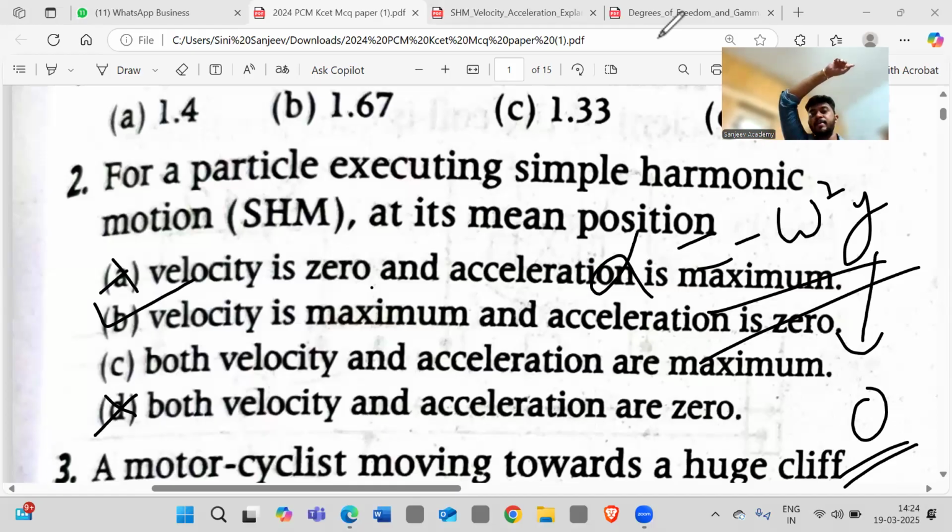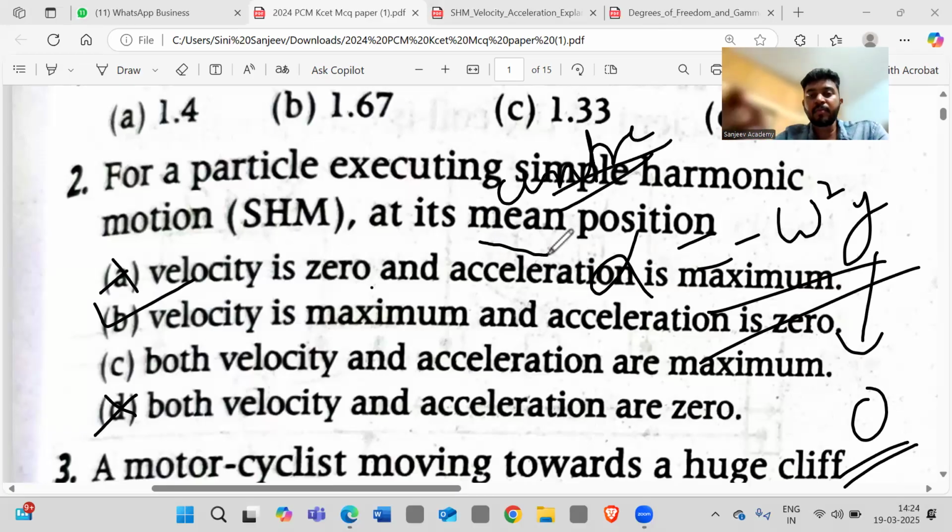Normally we calculate displacement from the mean position, the center. Center is only mean. So what is our answer? 0. So option B. Let me see who has given me: Anu, Prithvi, Abhilash. Is it clear?